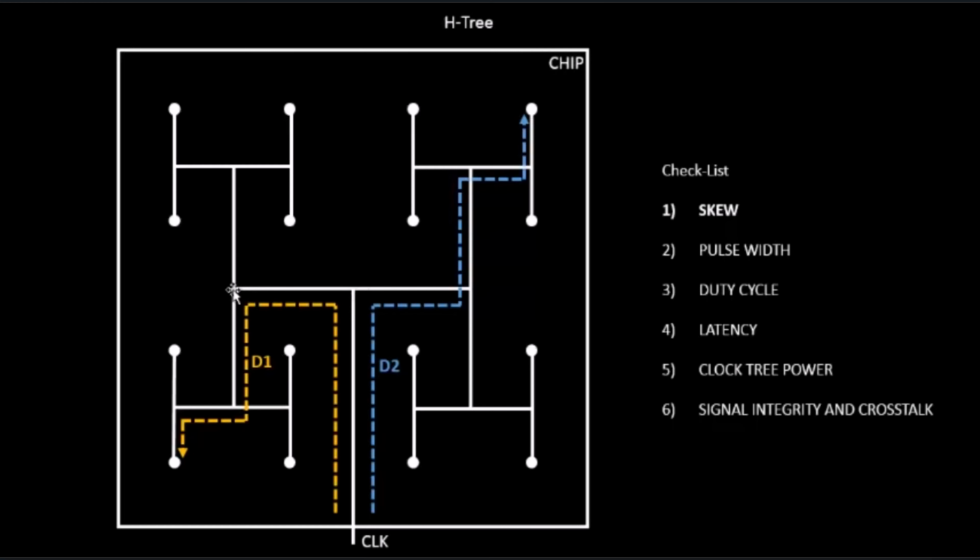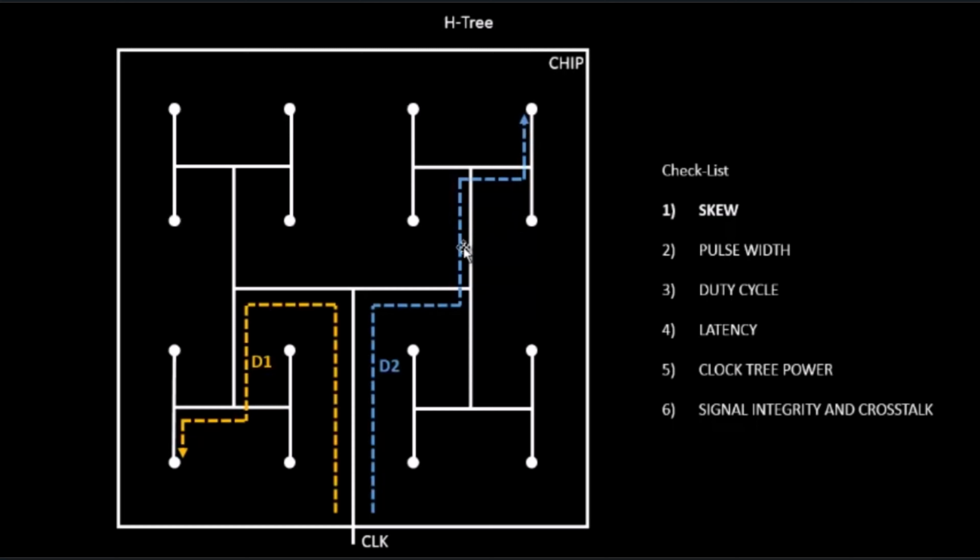Now from this point, you have this piece of wire, and from this point you have this piece of wire, so again they are matching. From this point, you have this small piece of wire, and from this point you have this small piece of wire, again of the same length. And from this point you have one more piece over here, and from this point you have one more piece over here, again of the same length.